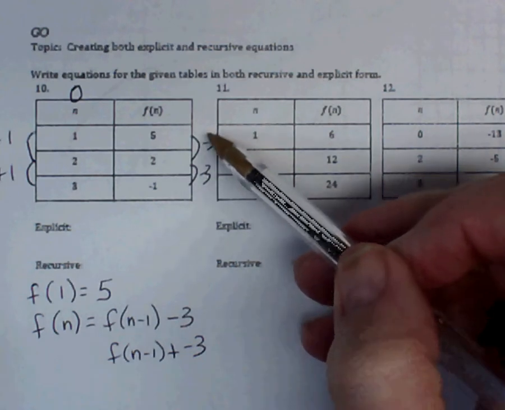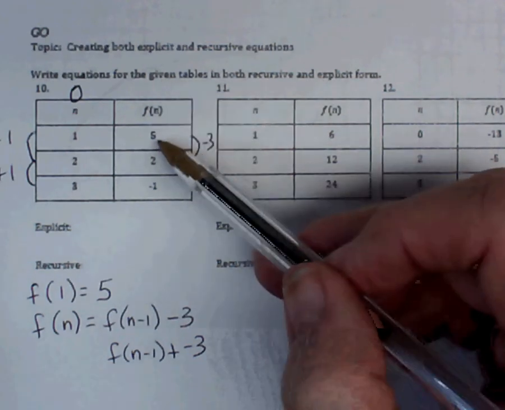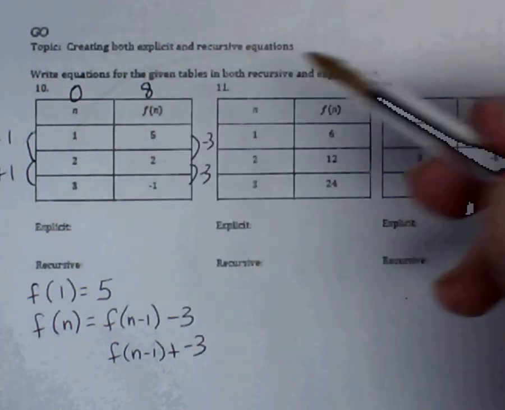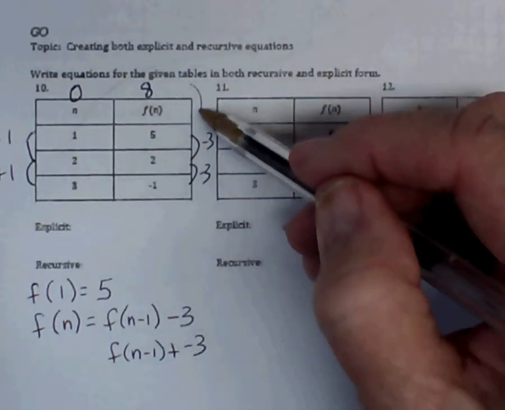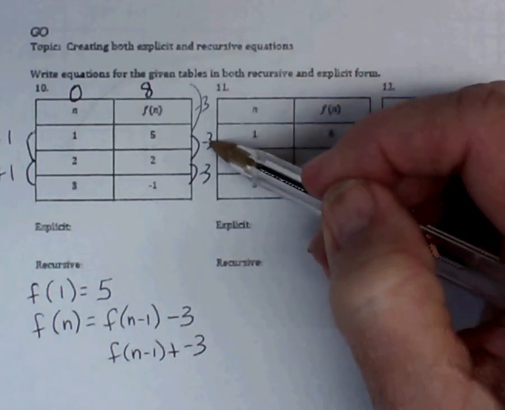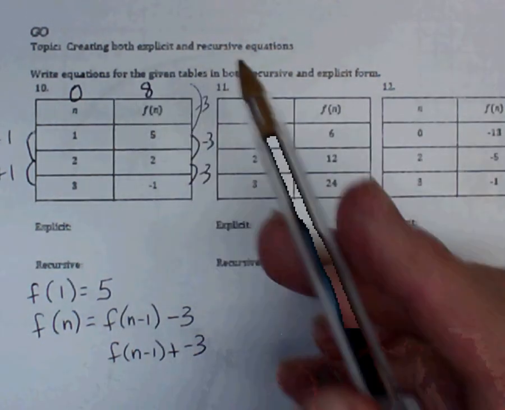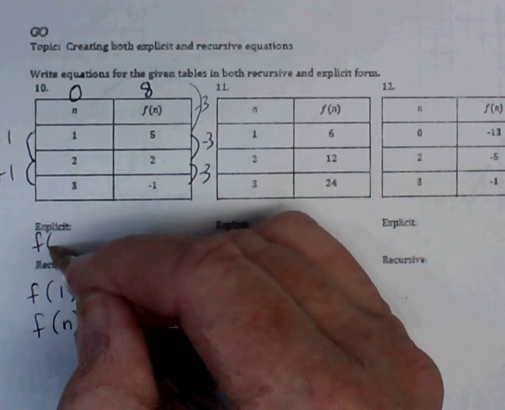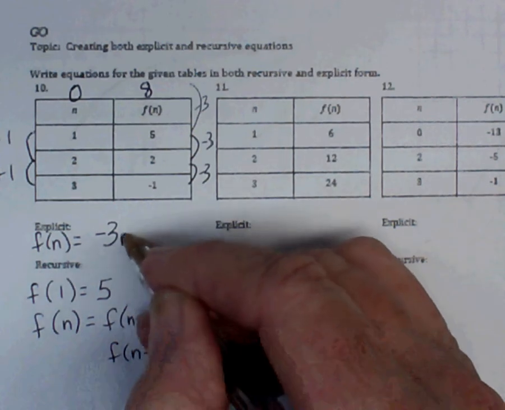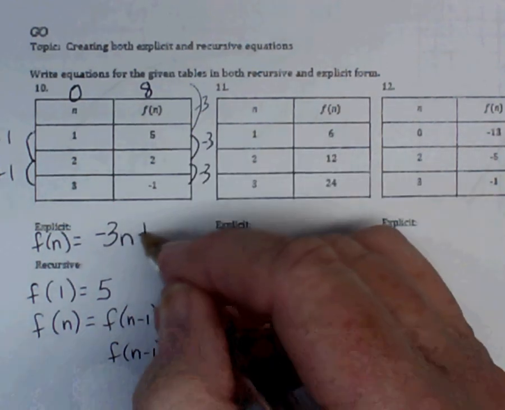So instead of minus 3, it's plus 3. 5, 6, 7, 8. Let's just double check. 8 minus 3 makes 5, so that's correct. So now I know my slope is negative 3 and my intercept is 8. So I just say f of n equals negative 3 times n plus 8.